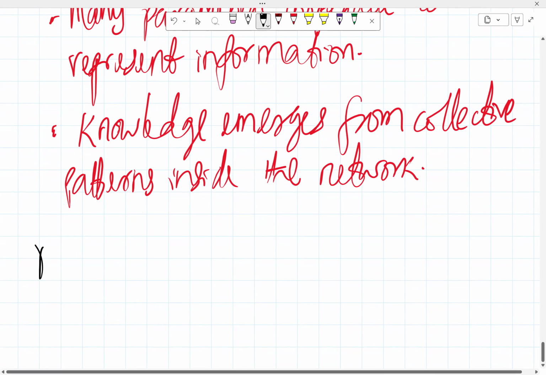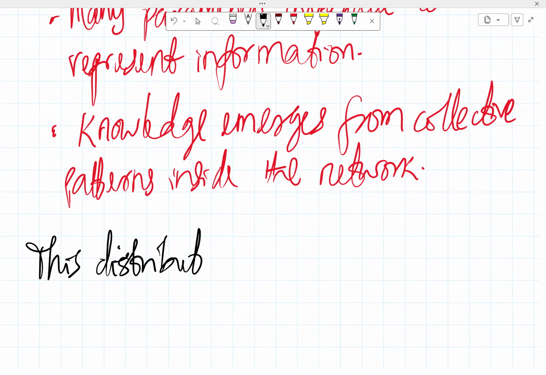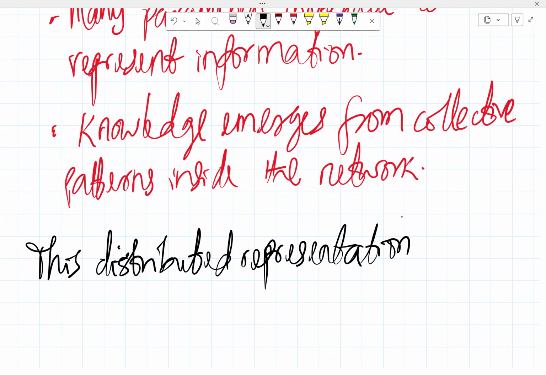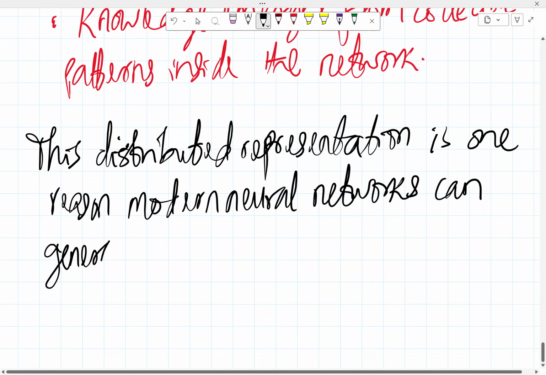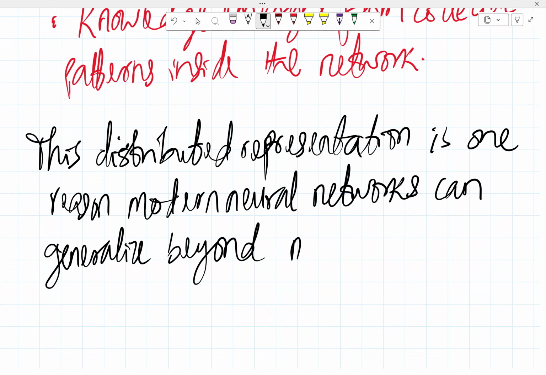So finally, this distributed representation is one reason modern neural networks can generalize beyond memorized examples.